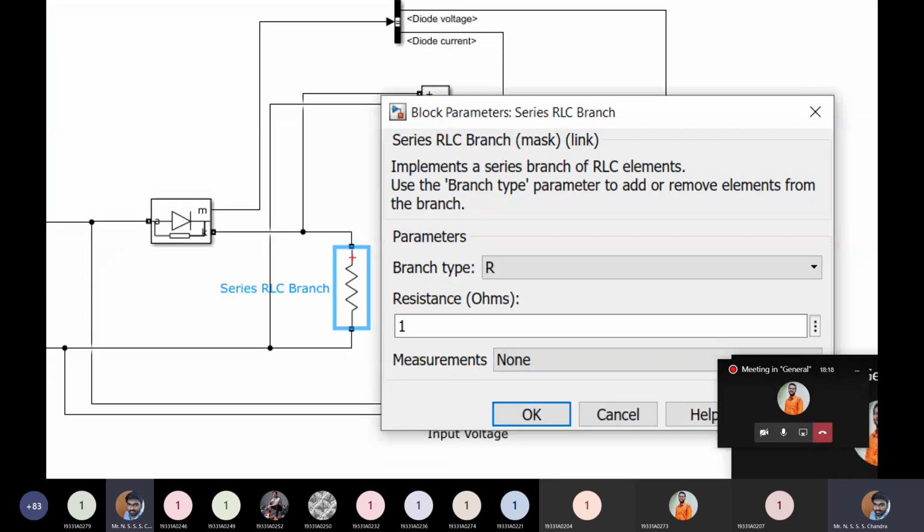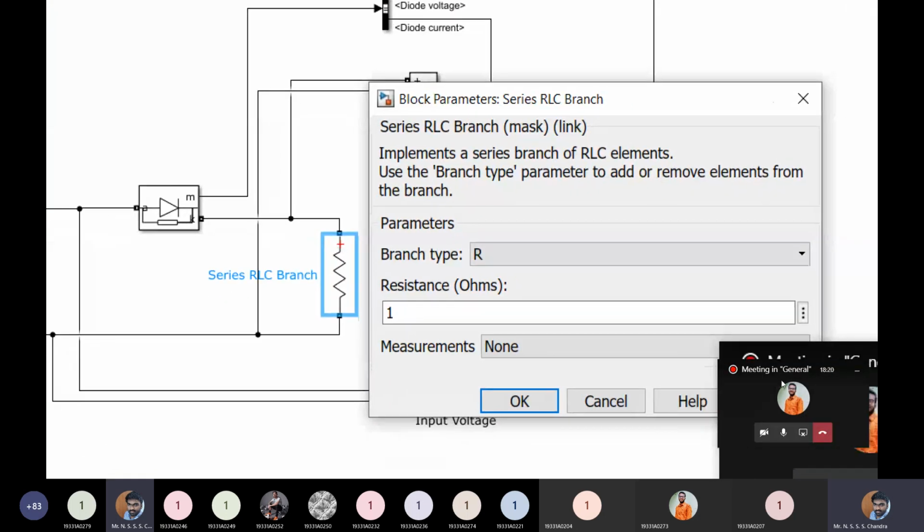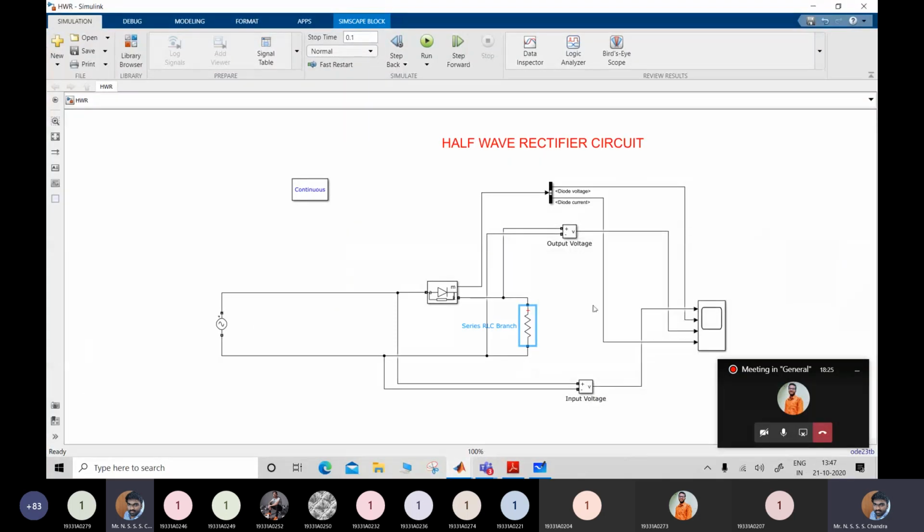I'm considering a simple resistor R with resistance 1 ohm. Now your circuit is finished.